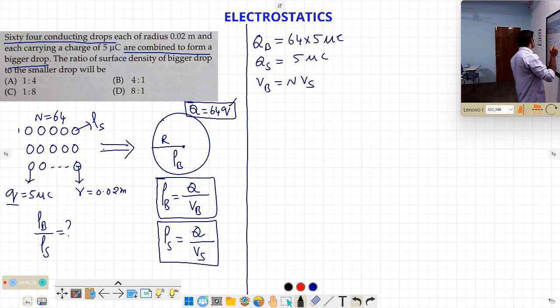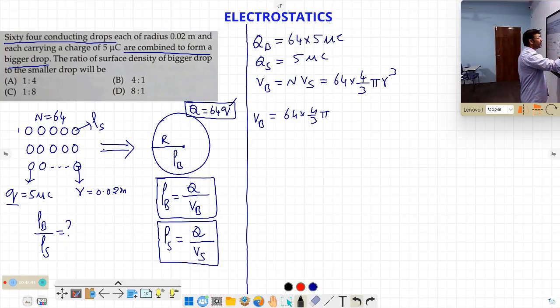In this case, the radius of the small drop is given, so volume of the big drop is equal to n, 64 drops, into volume of each drop, 4 by 3 pi r cube. So we can write 64 into 4 by 3 pi into 0.02 whole cube, the volume of the big drop.